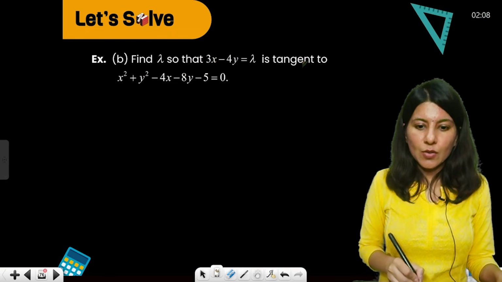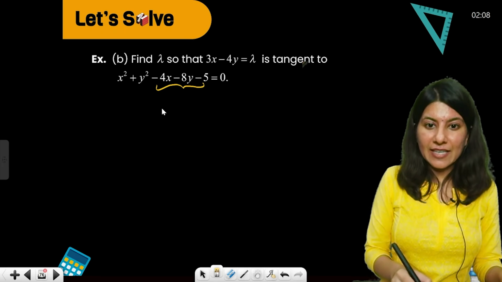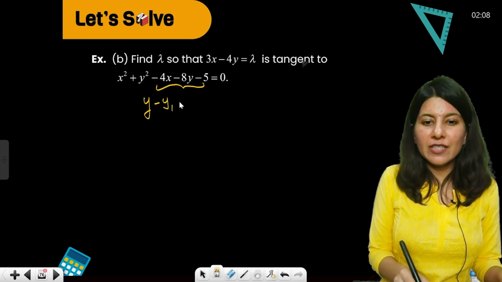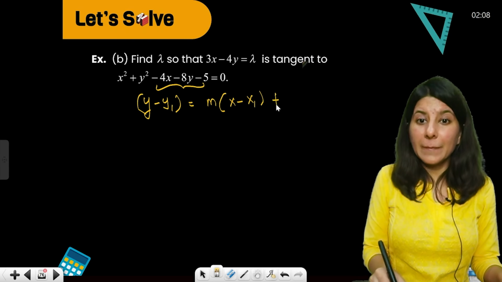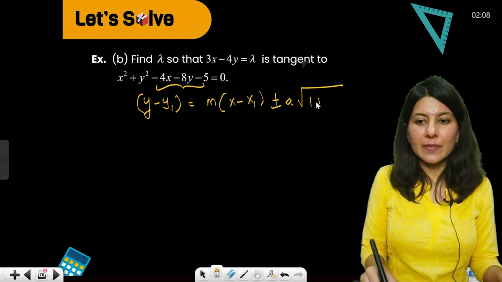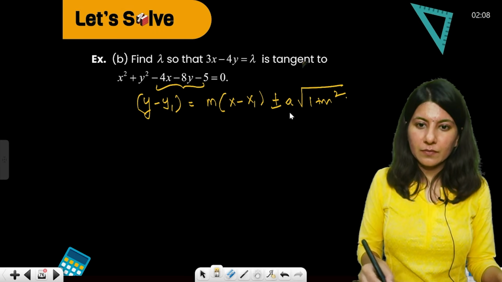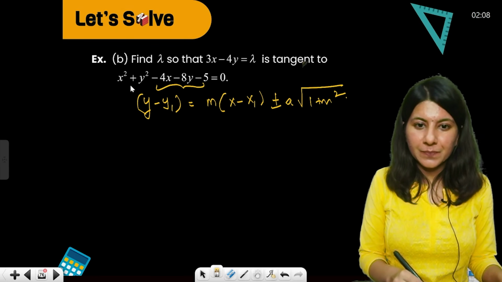So the equation of this tangent will be y minus y1 equals m times x minus x1 plus minus radius root 1 plus m square, right? Okay, clear.